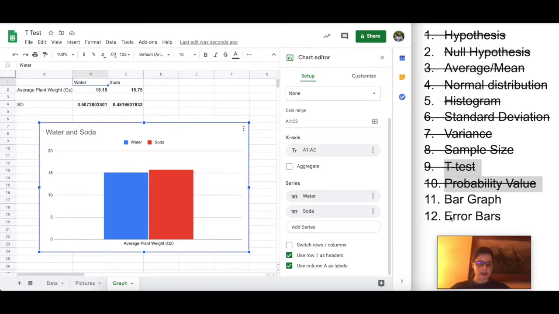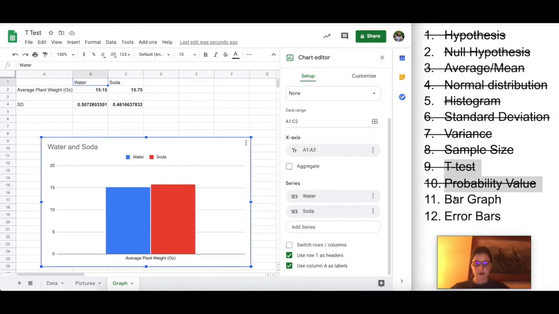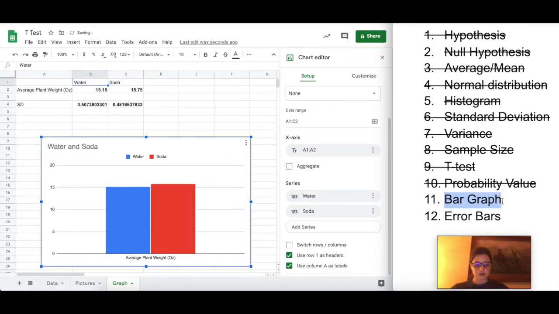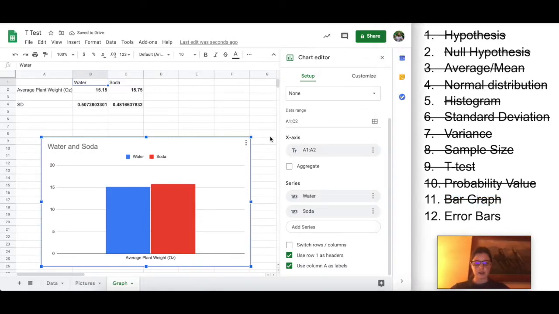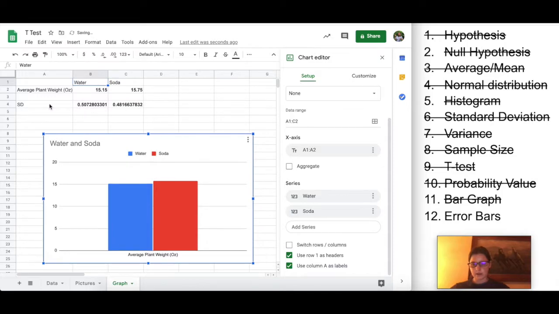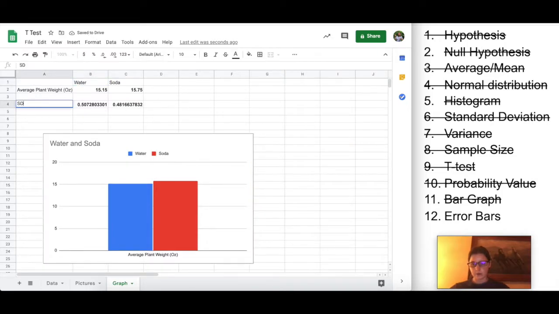Now we want to add error bars. What we want the error bars to represent is the standard deviation. It's going to represent the percent of data within a certain range. So we remember that this was calculated for 1 standard deviation.